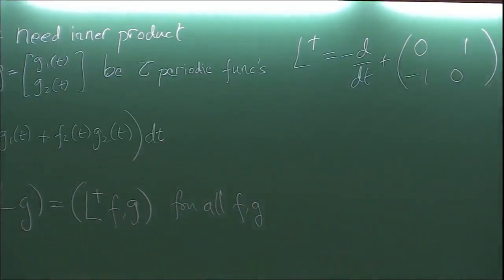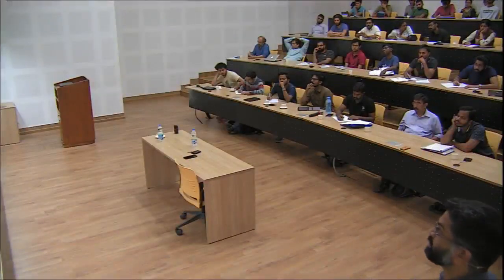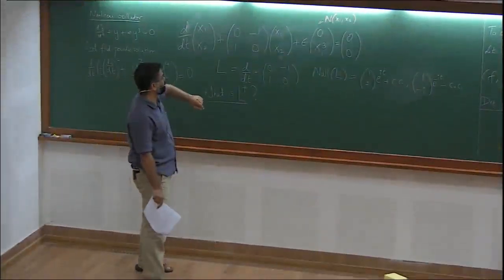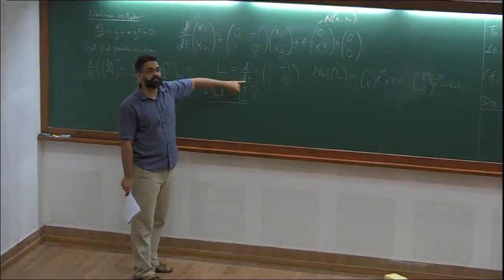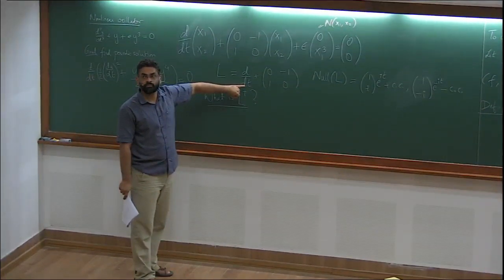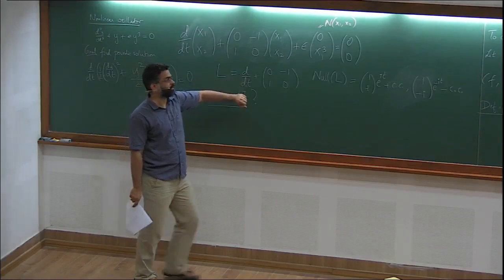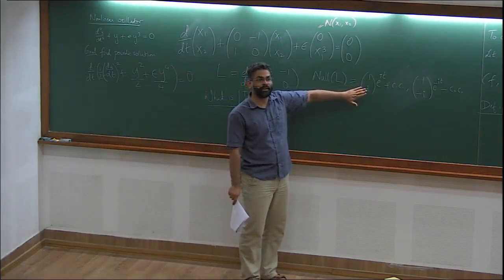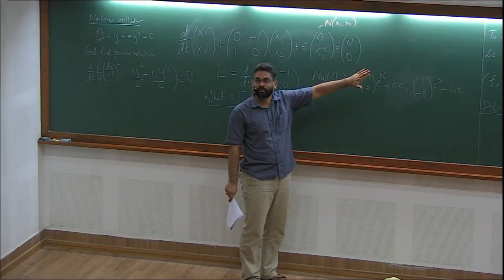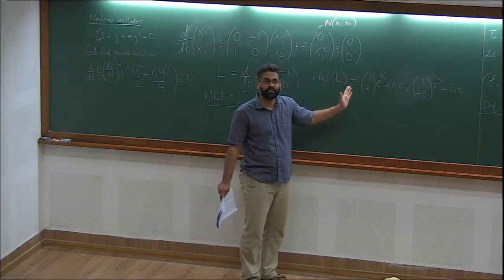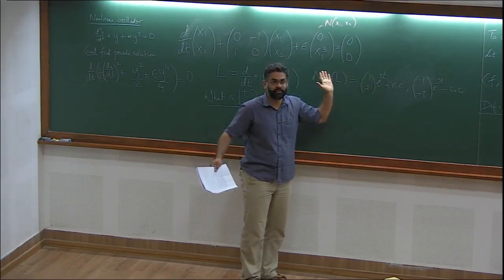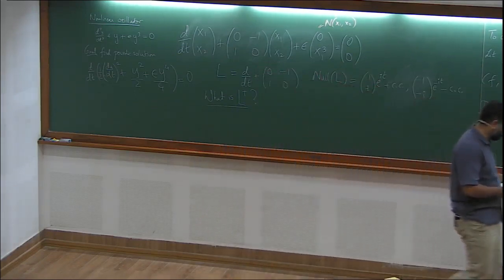Okay. That's all that is. Notice L transpose, or the adjoint, looks like negative L. Everyone agree with that? L adjoint looks like negative L. I have the null space of L. I have the null space of L adjoint. It's the same thing. The span of these vectors is the same thing. Okay.